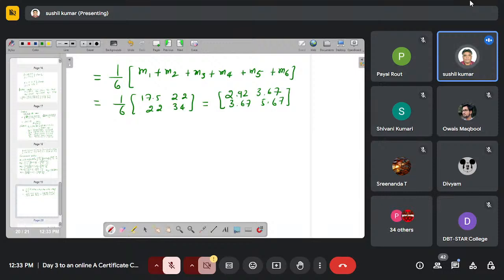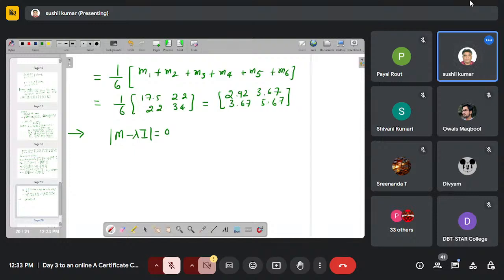Okay, so now step 5. We will calculate lambda, the eigenvalue. There is an equation: m minus lambda I should be equal to 0. I is the identity matrix here, and m is the covariance matrix in this case. So here I will calculate the lambda.